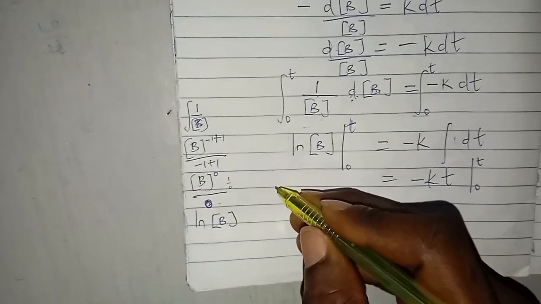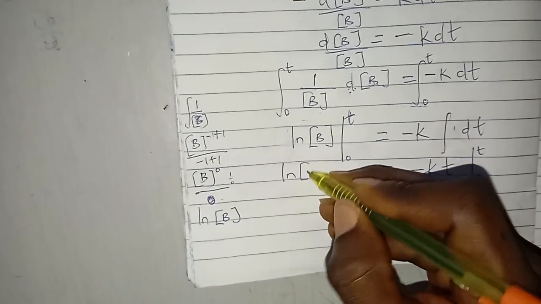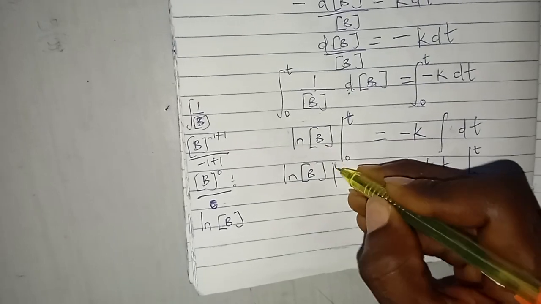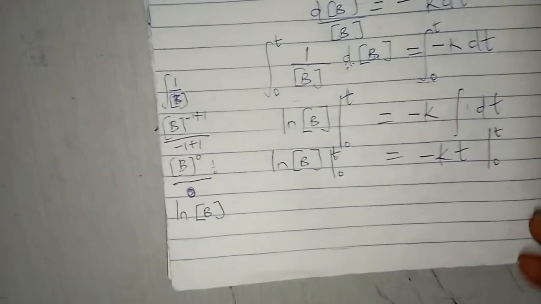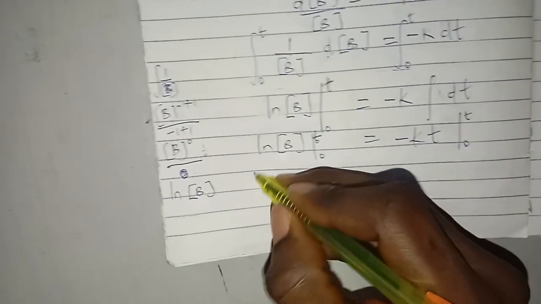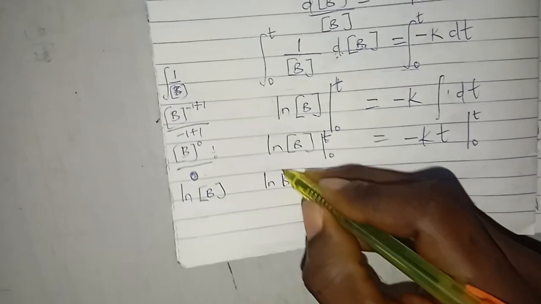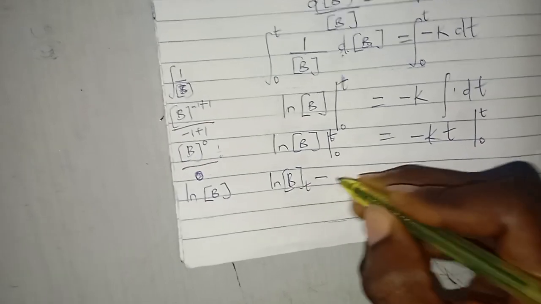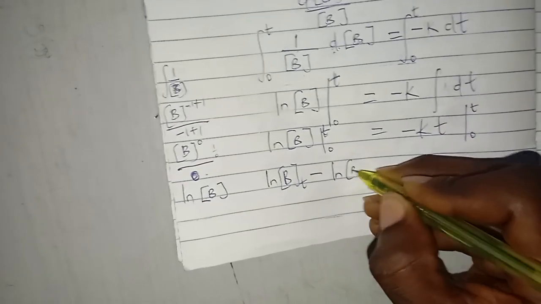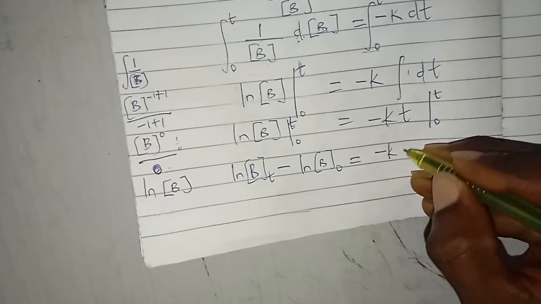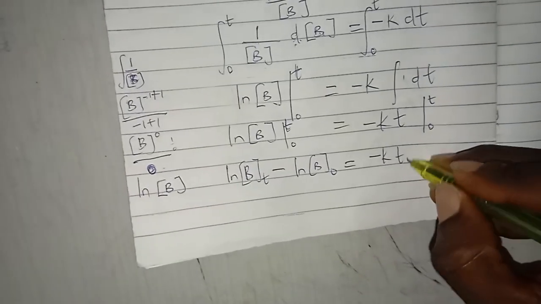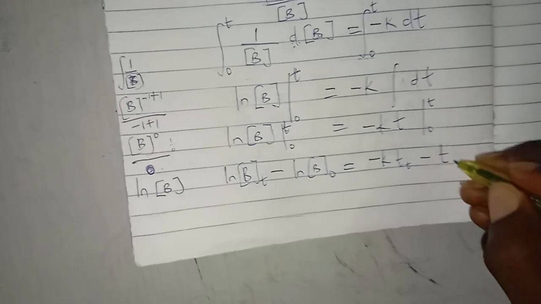Let me rewrite it. Remember I told you this is going to give ln of the concentration of B at T, minus ln of the initial concentration of B, equals minus KT at T minus T at 0.